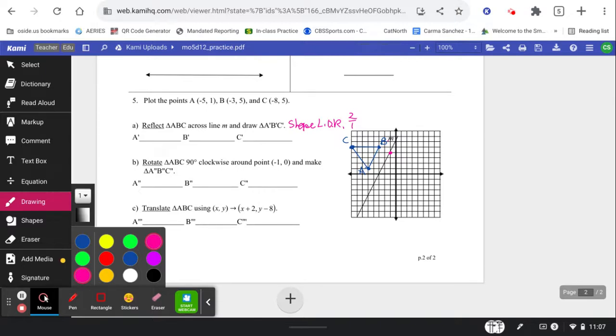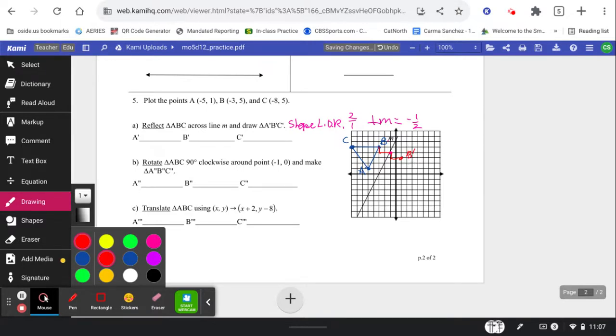So if it's down 1 staircase, we go 1 more staircase to get the other side. So my negative or perpendicular slope, my negative reciprocal slope, becomes down 1, right 2. So here I go with my staircases from point B, down 1, right 2, down 1, right 2. Do you see the 2 staircases? That's now my B prime.